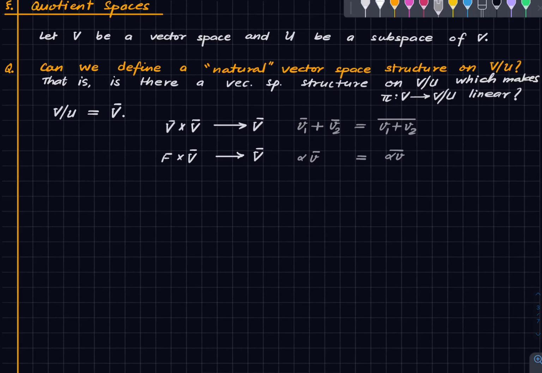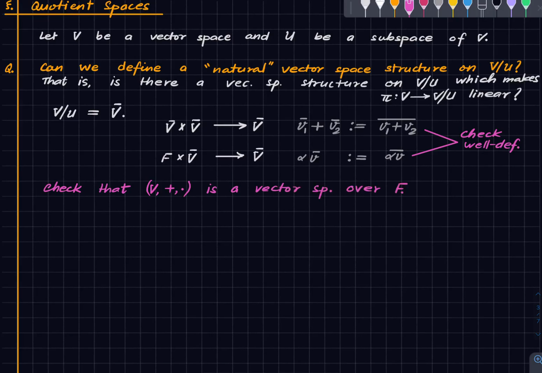Okay, and check well definedness. Check well definedness and also check that, and let me decorate this with colons so that it is clear that we are defining it, is a vector space over F.